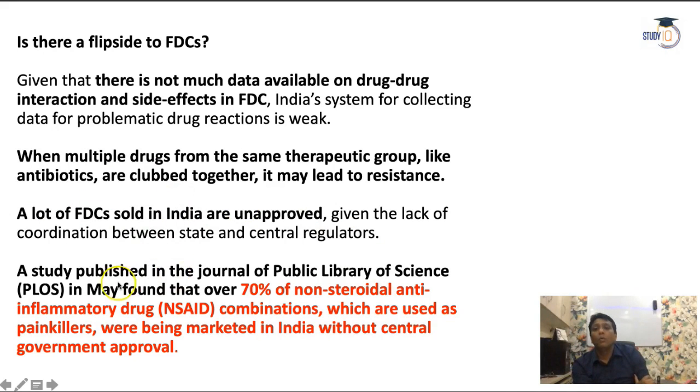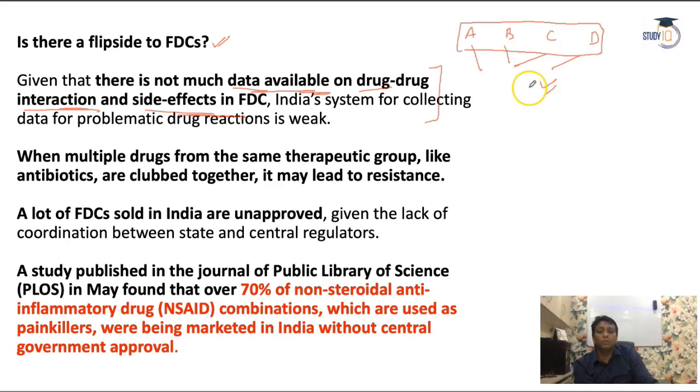What is the flip side of FDCs? There is not much data available on drug-to-drug interaction and side effects. This is the reason, guys, that when you combine A, B and C, data is not available on which proportion may cause which problem. This is why the risk is more. When multiple drugs from the same therapeutic group, like antibiotics, are clubbed together, it may lead to resistance.